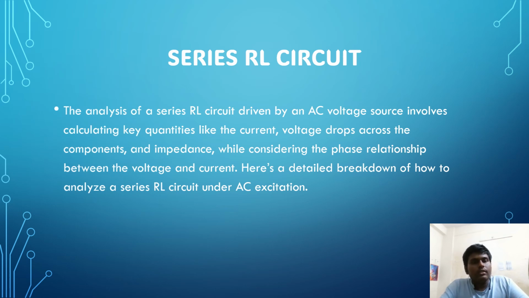Now I'm going to start with the series RL circuit. It contains an AC voltage source, and we are going to find the equation of the current, the equation of the voltage, and the phase difference between them, and the voltage across the resistance and the voltage across the inductor as well.